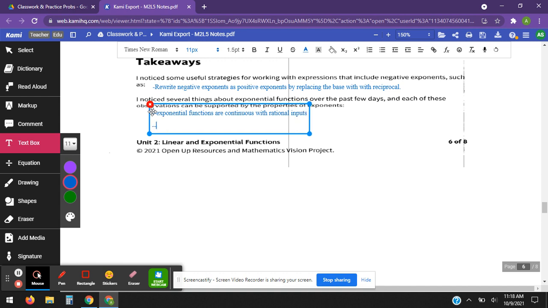We also know that f of x equals a to the x power, and g of x equals 1 over a to the x power are reflections across the y-axis.